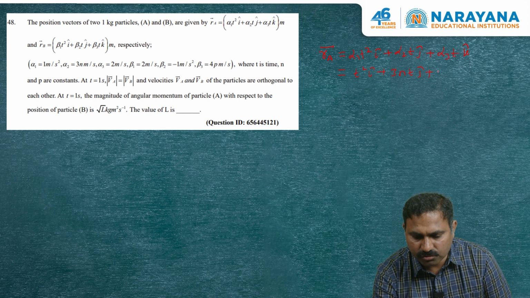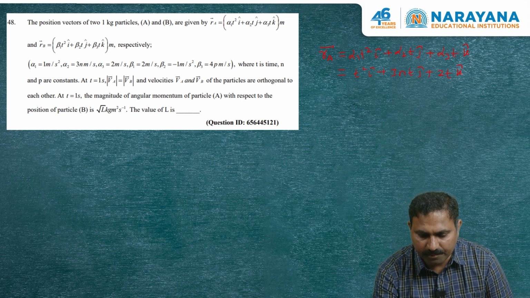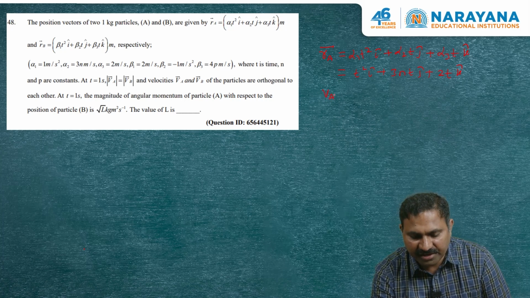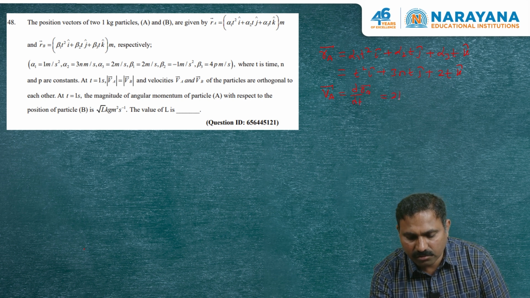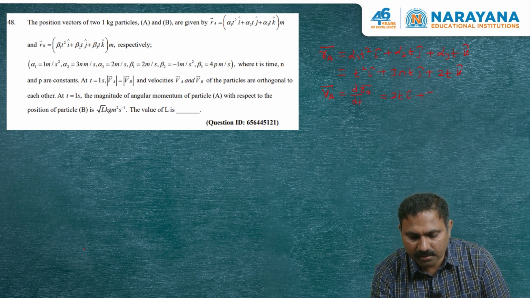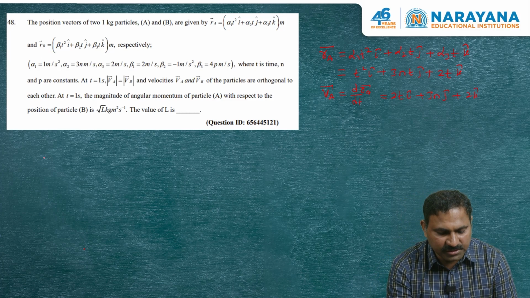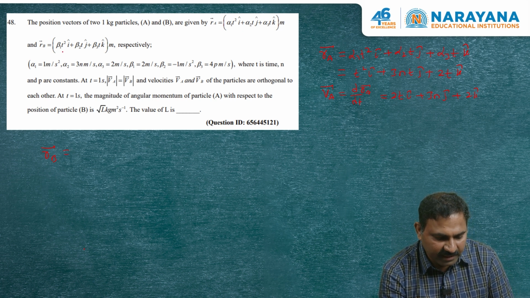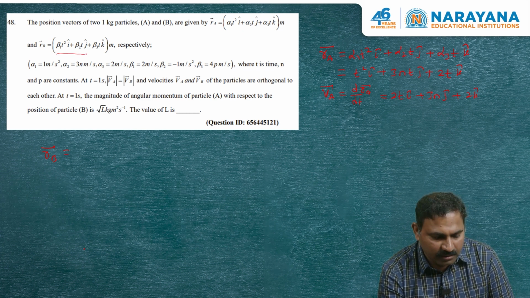Similarly, alpha 3 is 2, so this is 2t k cap. Similarly RB, let us find velocity directly for this. Velocity of A equal to d by dt of the position vector of A. This is equal to 2t i cap plus 3n j cap plus 2 k cap. Similarly, position vector of B is beta 1 t square i cap, beta 2 t j cap, beta 3 t k cap.